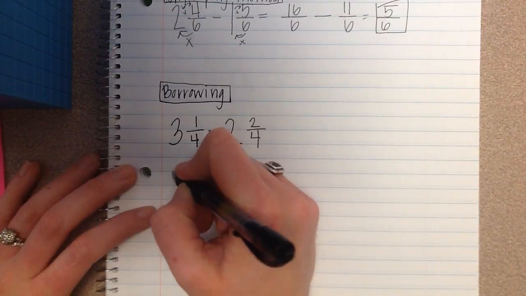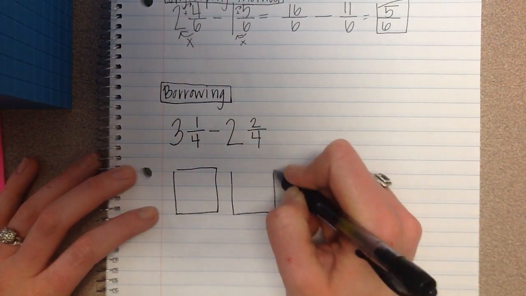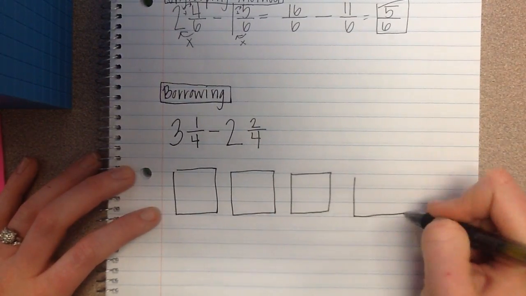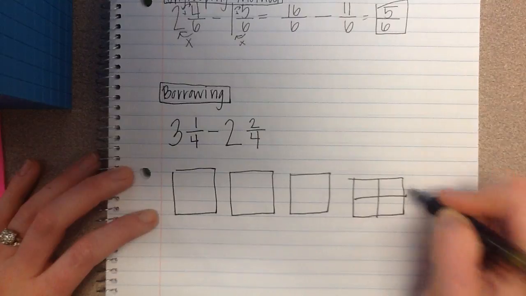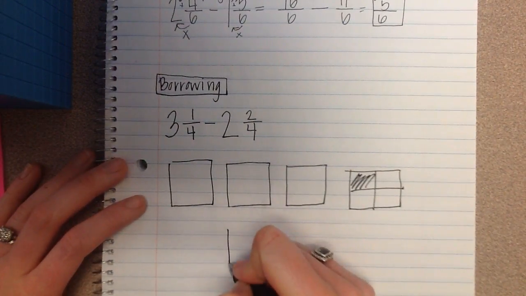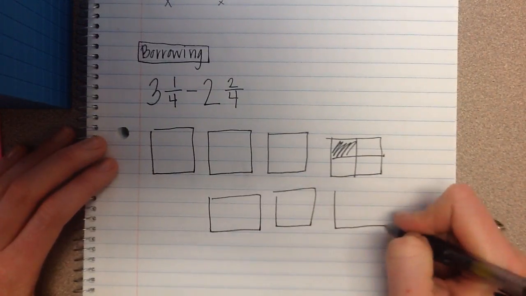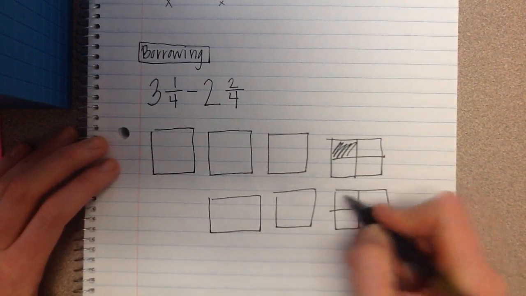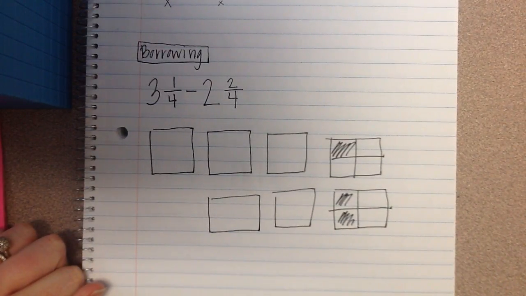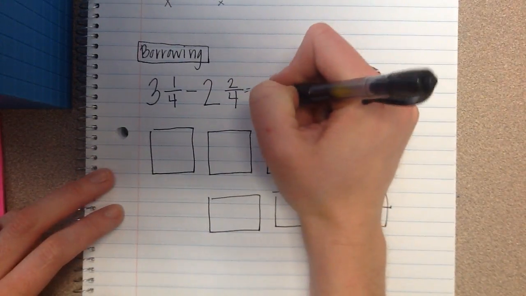If I draw my picture out, I have 1, 2, 3, okay, and then we're subtracting 2 fourths, okay? So I know my answer is going to be something over 4.